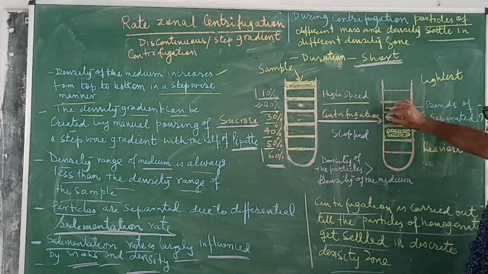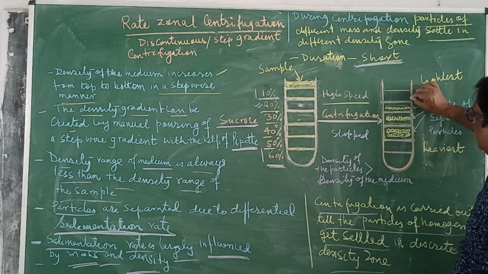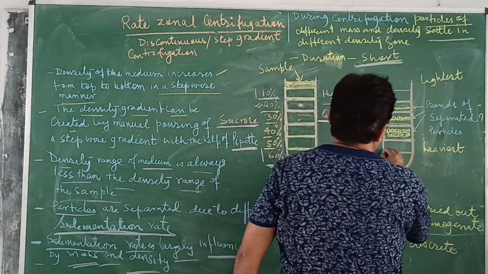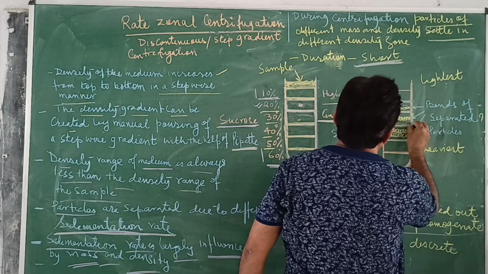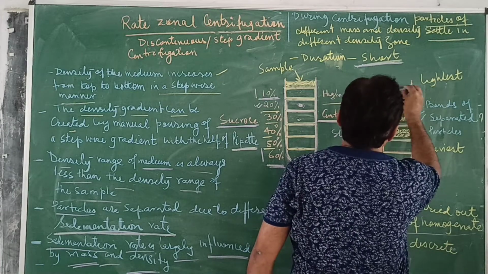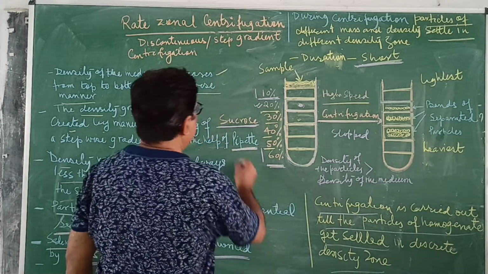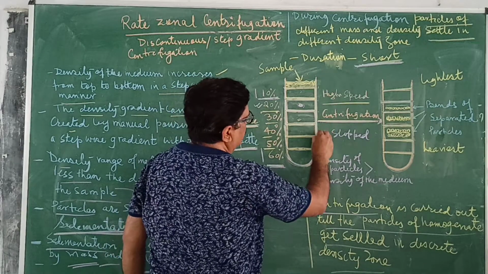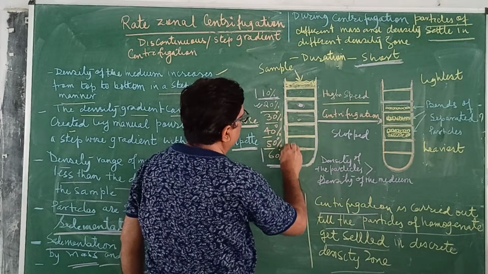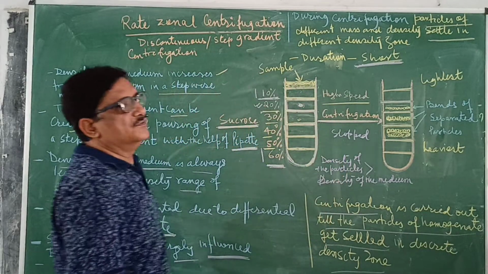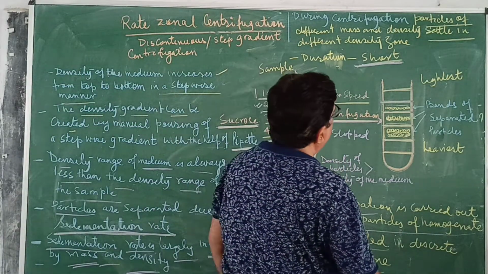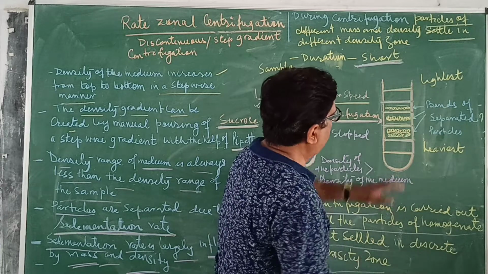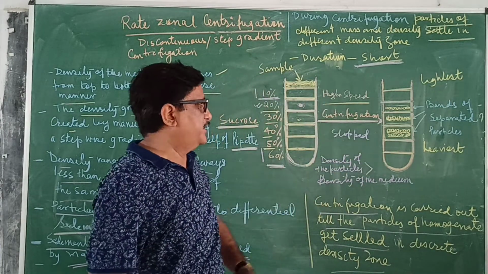So this is the process in which protein molecules or subcellular particles can be separated using different concentrations of sucrose forming a step density gradient in the centrifugation tube, and the particles form different bands in the tube according to their mass and density.